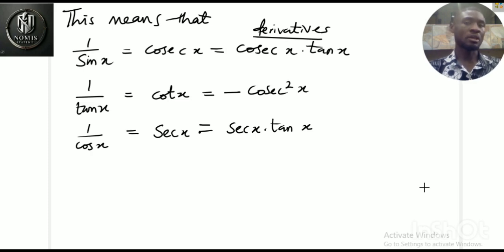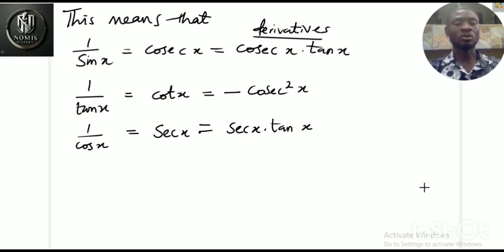The same thing is applicable to 1 over tan x. Since 1 over tan x is equal to cot x, the derivative of 1 over tan x is minus cosec squared x. Now, what is the derivative of 1 over cos x? Since 1 over cos x is sec x, the derivative of 1 over cos x is equal to sec x multiplied by tan x.